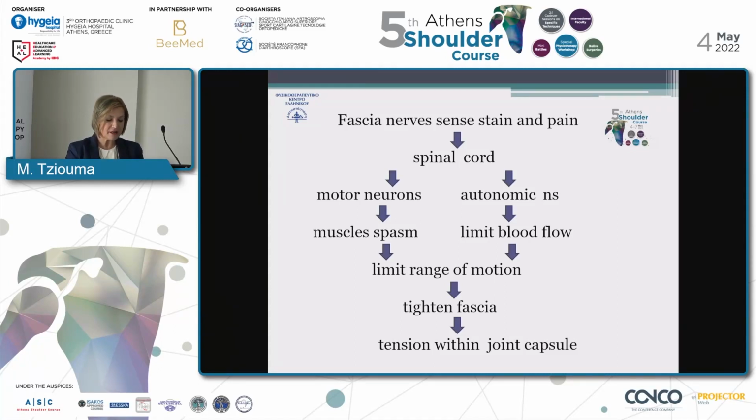The fascia directly overlying the affected structure will be tightened as well, not only the muscle but also the cover of the muscle, the fascia. When this protective mechanism has been triggered, it will limit joint mobility, increase tension within the joint capsule, and cause pain when the joint is moved into the restricted range.